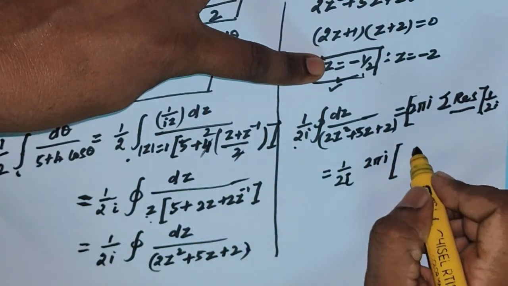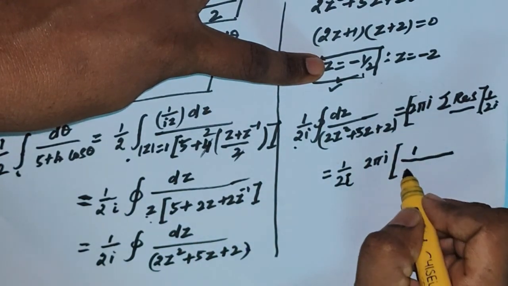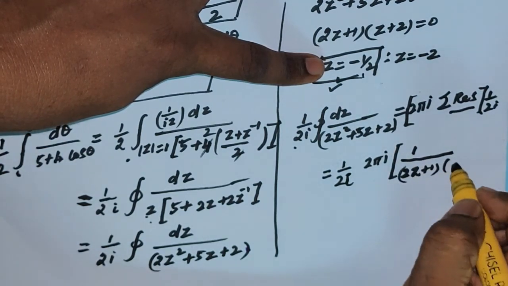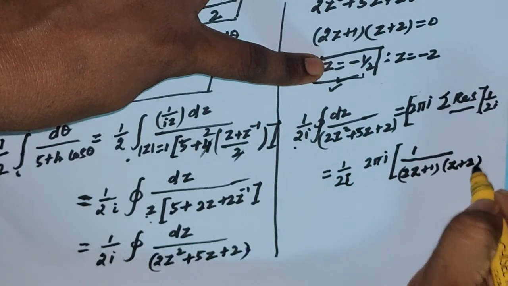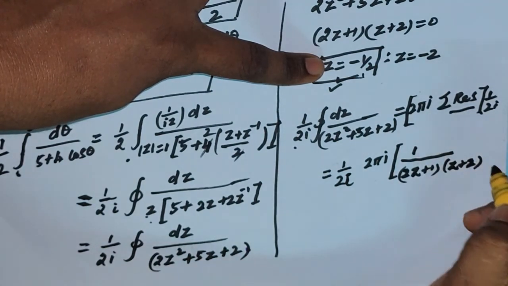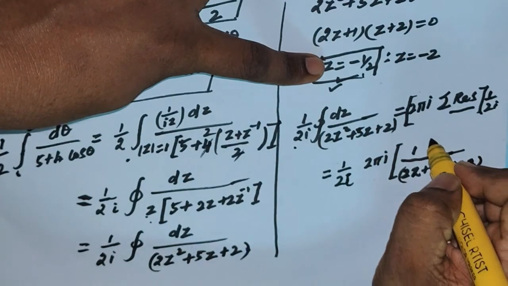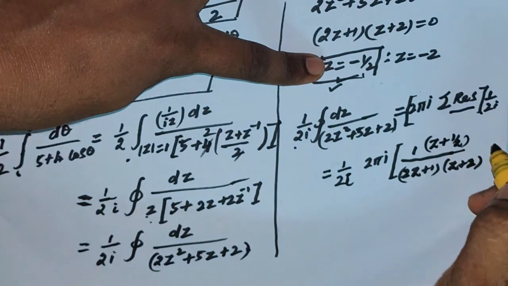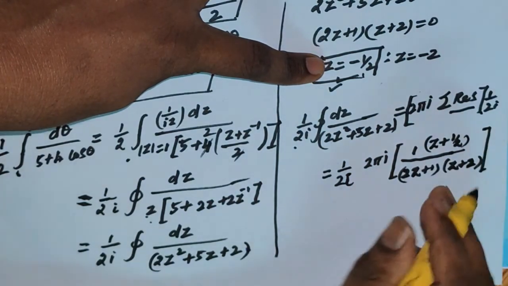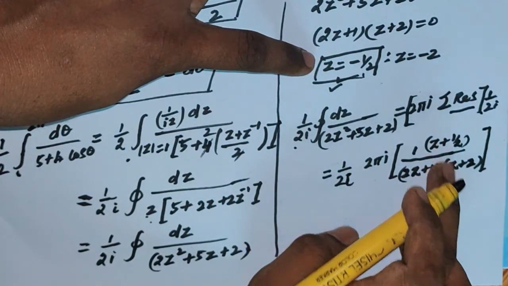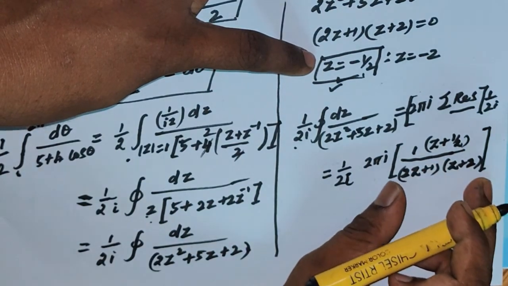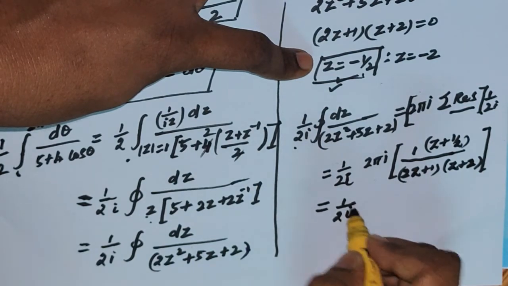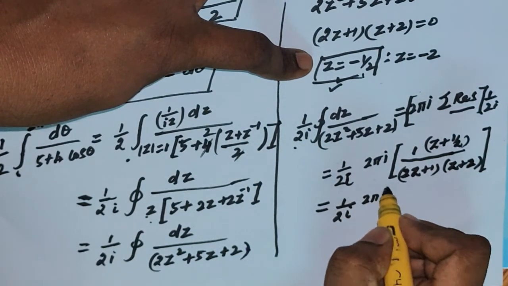That factorization we already know, 1 by (2z plus 1)(z plus 2). Actually here we are going to remove the pole at z equal to minus 1 by 2, so we remove this point from the function, then we want to find the residue. So that should be equal to 1 by 2i times 2 pi i.